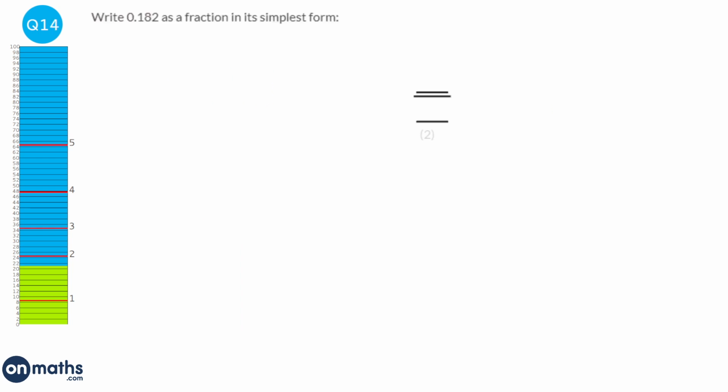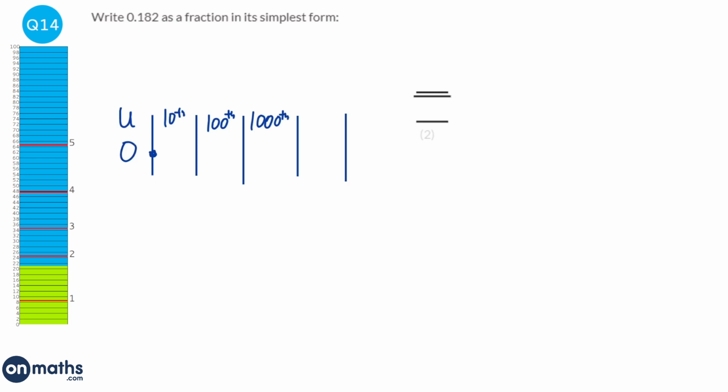If we were to write this decimal in the columns, and some of you might not have used these columns in a while, we have units here, we have tenths, hundredths, thousandths, that's all we need. So it's going to be 0.182.